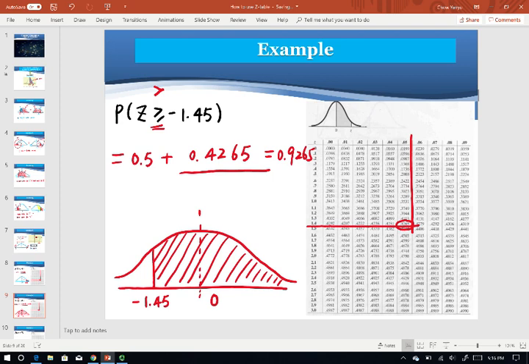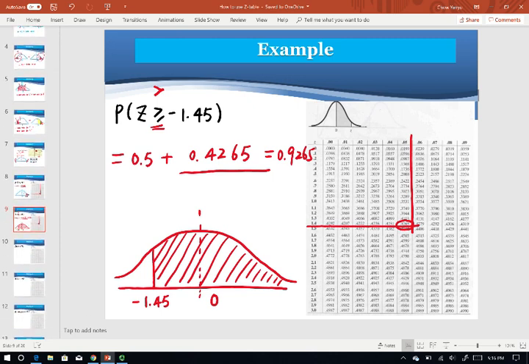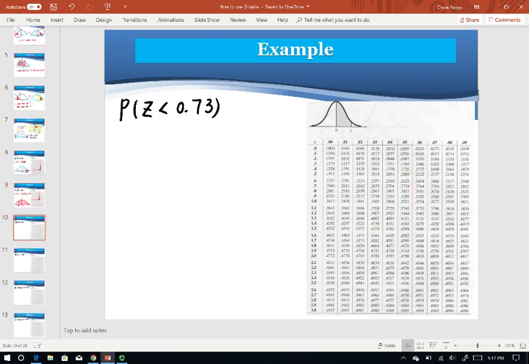Bigger than may be bigger than a positive number, or bigger than a negative number. The easiest way is to draw the probability curve and shade the area, and you will know whether it is 0.5 minus or 0.5 plus. So let's see smaller than. Z-score smaller than 0.73.